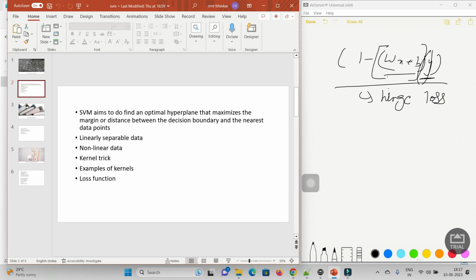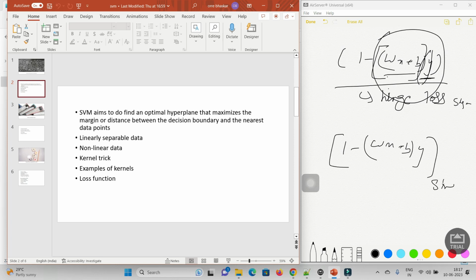So if you multiply (Wx plus b) into y, this entire expression can be greater than 1 or less than 1. We are only taking the sign. That means for 1 minus (Wx plus b) into y, we are just taking the sign. It can be greater than 0 or less than 0. If it is greater than 0, then it will be classified into one class.